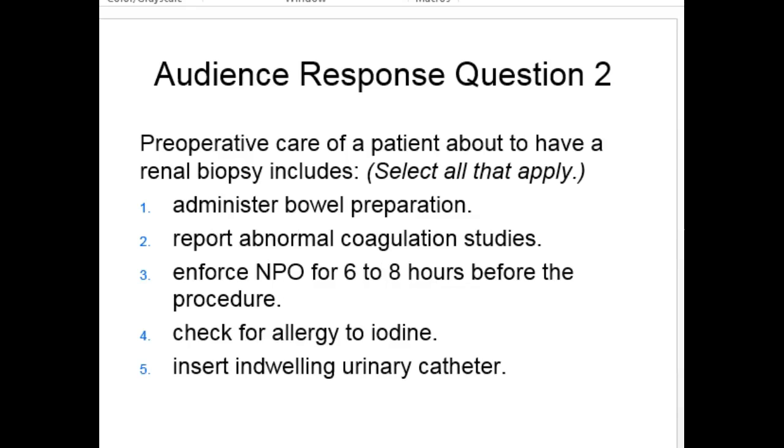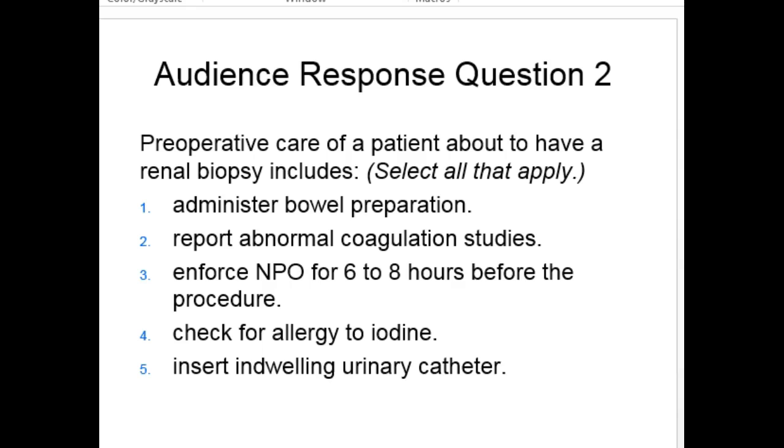Okay, let's look at this one. Preoperative care of the patient about to have a renal biopsy includes administer bowel preparation, report abnormal coag studies, enforce NPO for 6 to 8 hours before the procedure, check for allergy to iodines, and insert indwelling catheter.